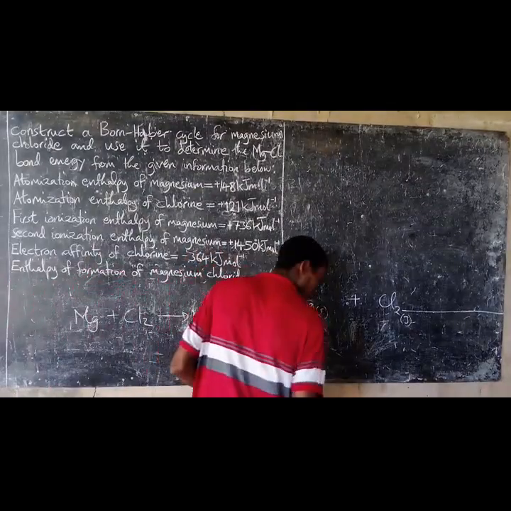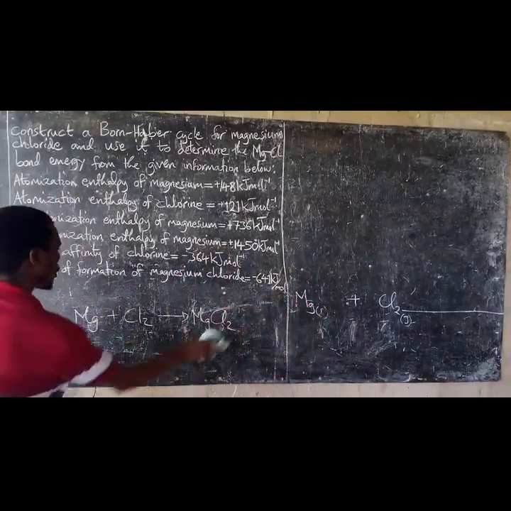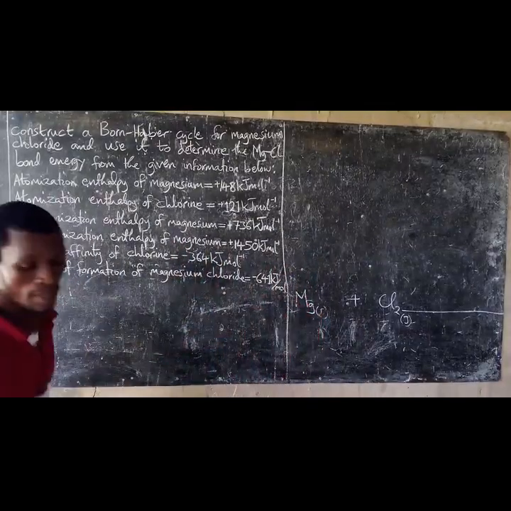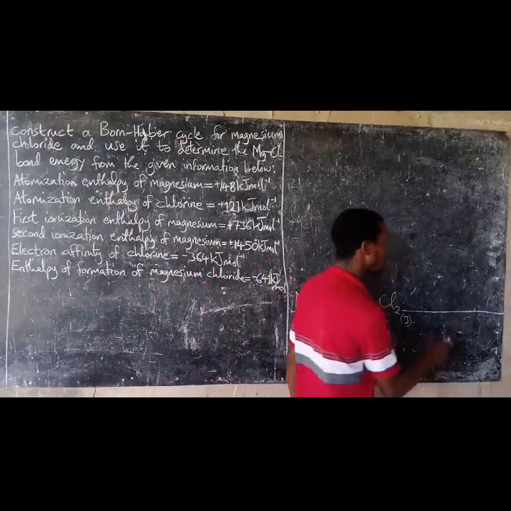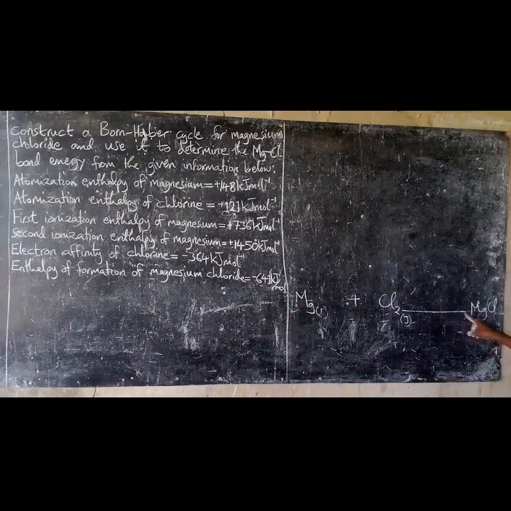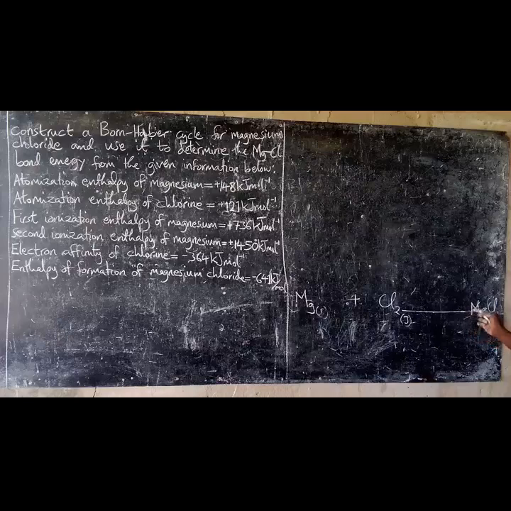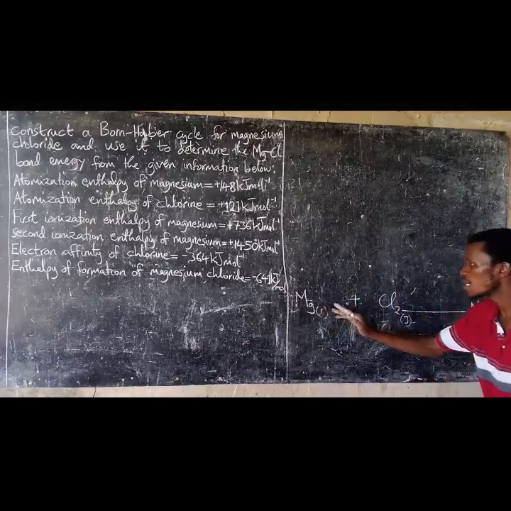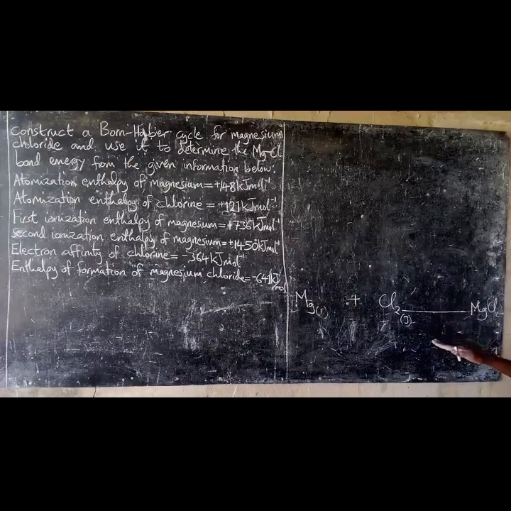Now, since it has balanced, some students and teachers tend to get confused. They tend to write the product at the end of this horizontal line. You are not allowed to write the product at the end of the horizontal straight line. Why? Because this indicates that the product and the reactants are in the same energy level.